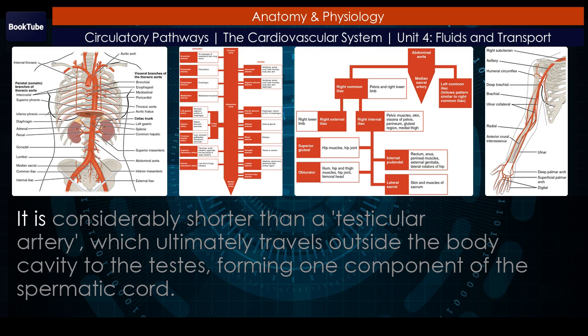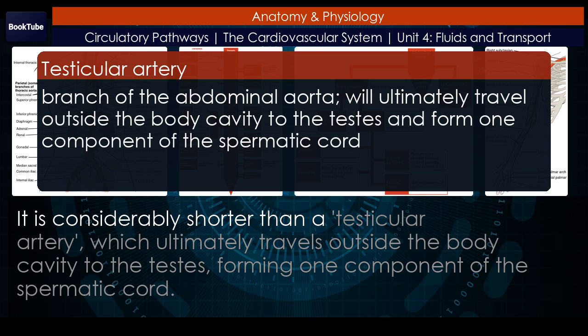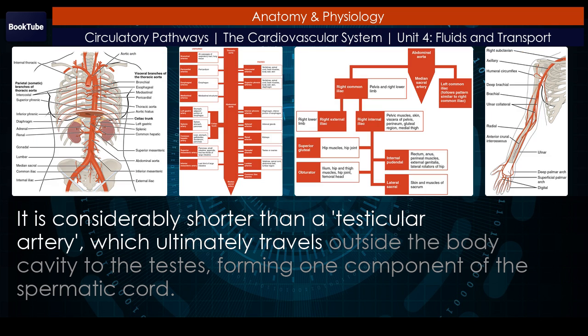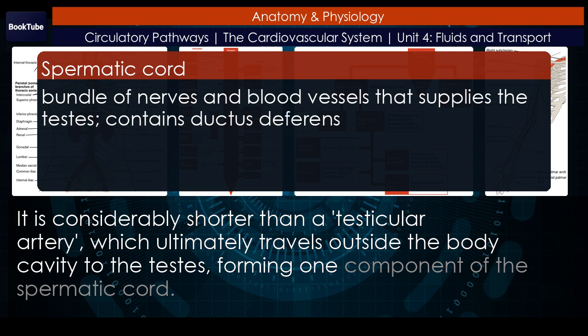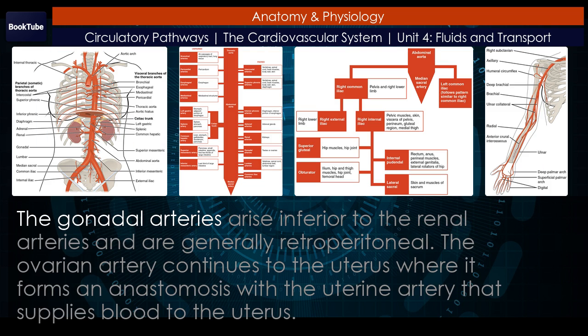It is considerably shorter than a testicular artery, which ultimately travels outside the body cavity to the testes, forming one component of the spermatic cord. The gonadal arteries arise inferior to the renal arteries and are generally retroperitoneal.